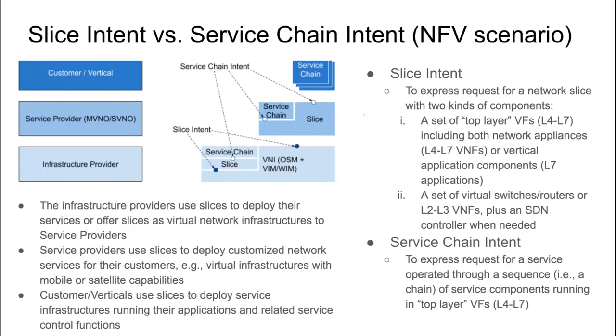So indications on how traffic flows should traverse the sequence of service components running in the slice, where service component strictly means the layer 4, layer 7 virtual function.